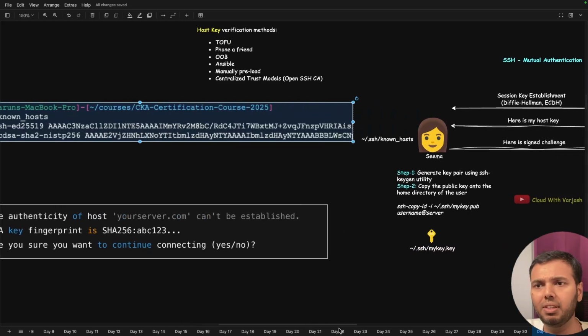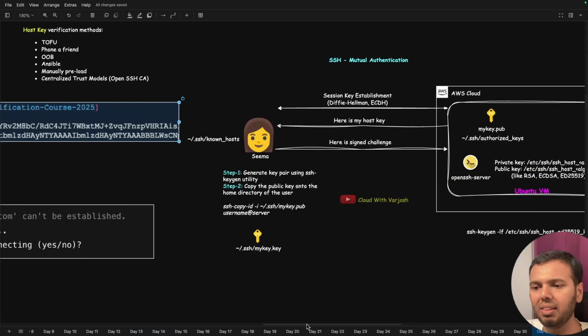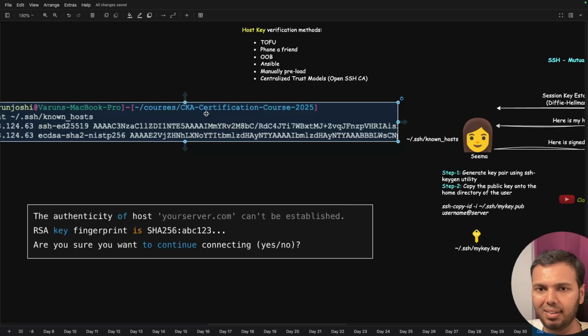The next method is manually preload. Once she's configuring this server, she copies the public key and manually adds it to her known hosts file. That is also one way. The last one is centralized trust models, used in enterprise implementations where you use an OpenSSH certificate authority.